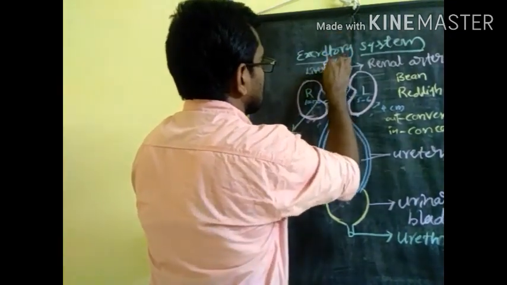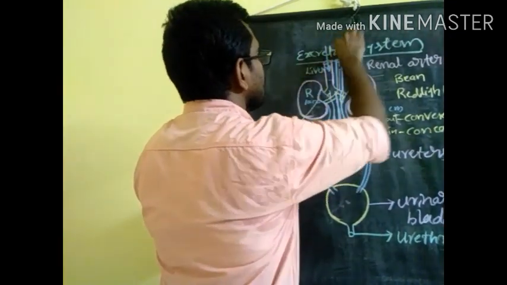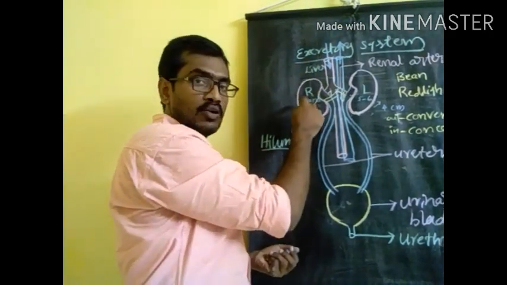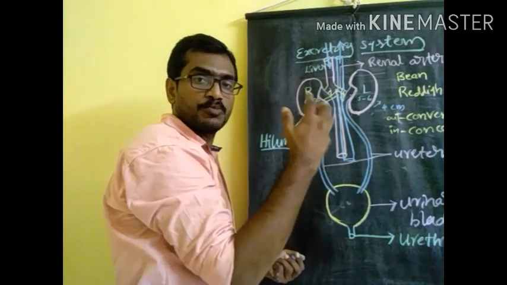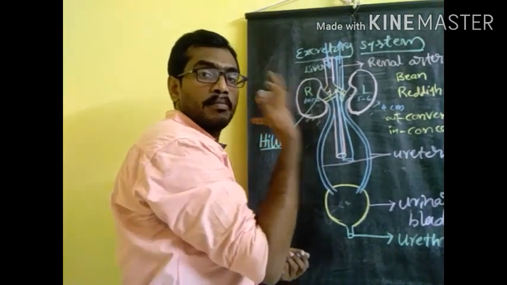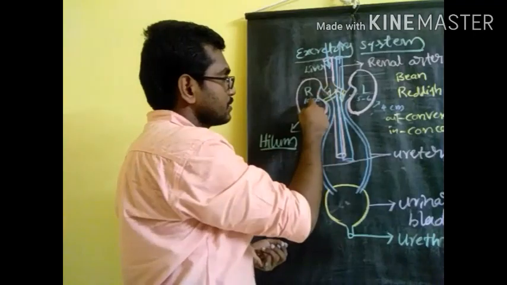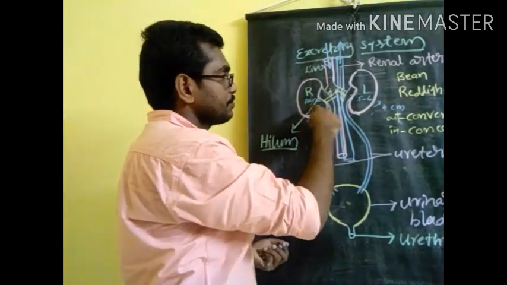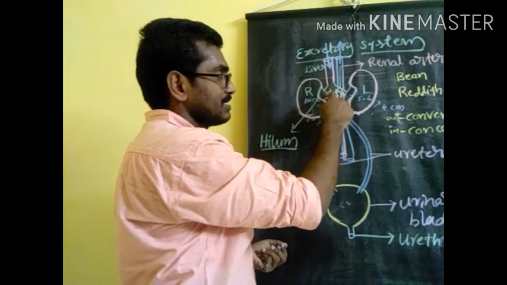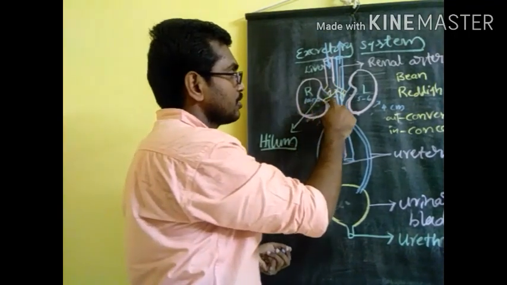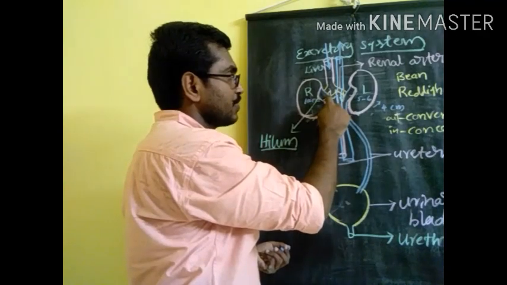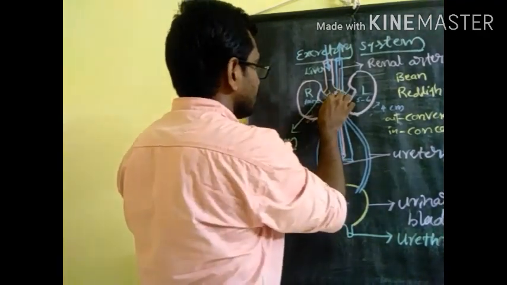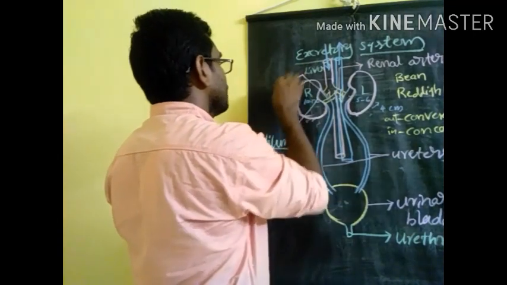This is the artery and this is the vein. The artery brings dirty blood, which possesses more metabolic waste, to the kidneys. Inside the kidneys it is filtered, and the clean blood enters the veins. This vein we call the renal vein.